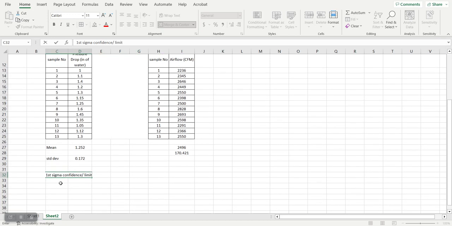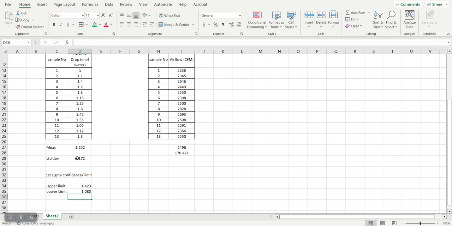So for the first sigma limit, if you consider the upper limit first, what you have to do is add the mean with the standard deviation, that is your upper limit, and for the lower limit you have to just subtract the standard deviation from the mean.